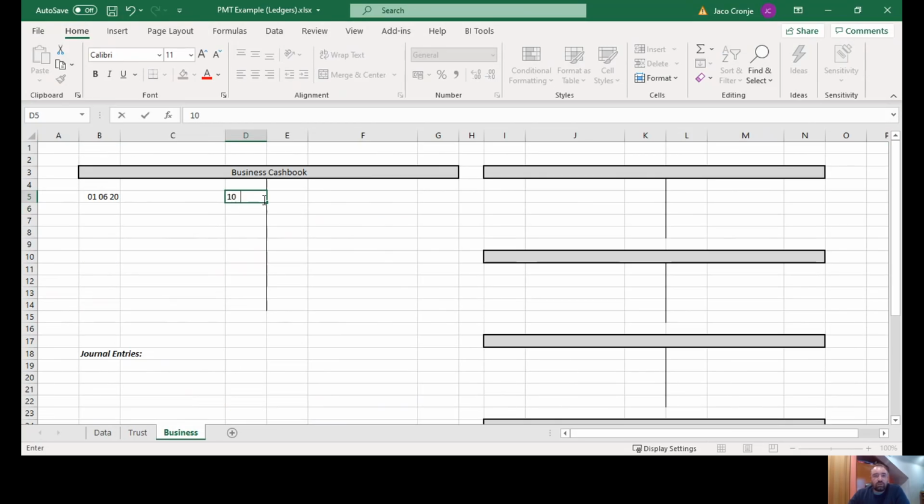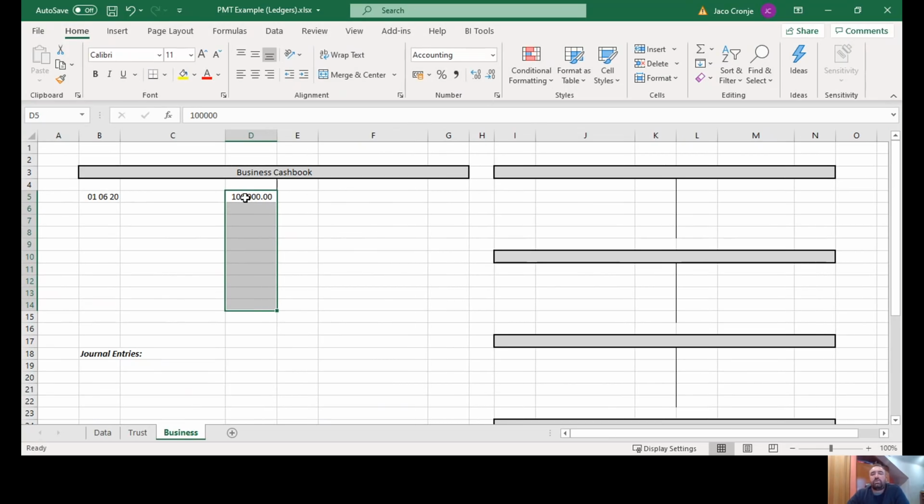So now I've got a debit of 100,000 Rand, and I now need to allocate this debit to a credit. So for one of my other subledgers here, I need to have a credit. What will I call that T account? What happens? The one thing that happened is the business account is 100,000 Rand more.